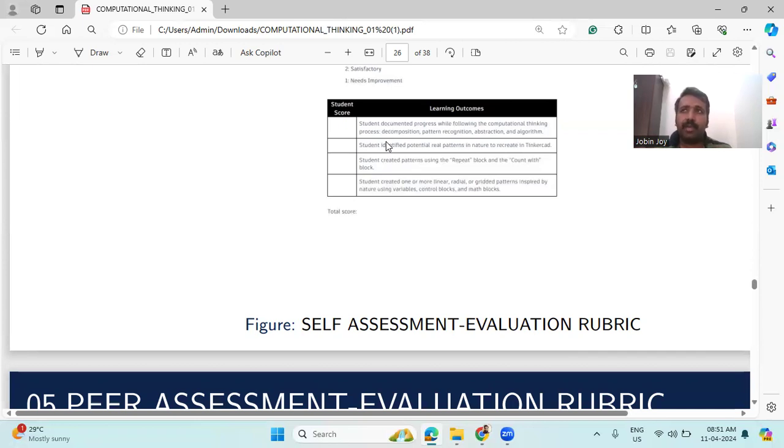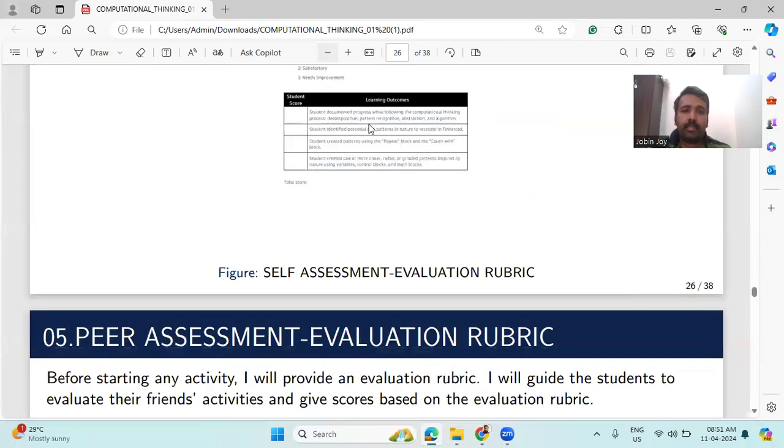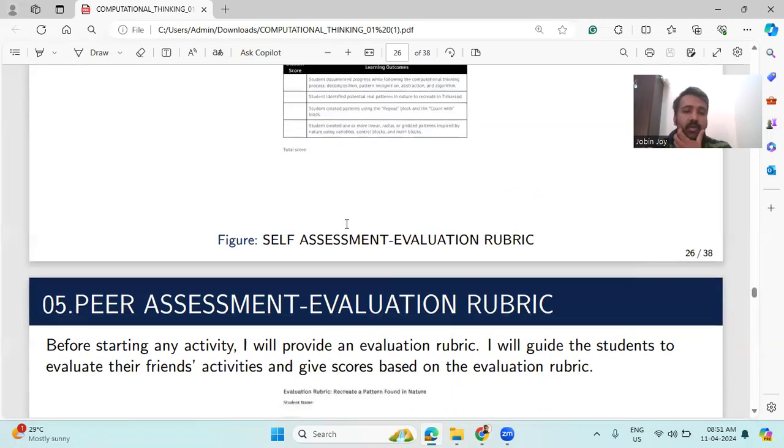There will be some conflicts, but that is not mandatory. But sometimes, because 15 students have 15 different viewpoints and perspectives, maybe some conflicts will happen. Okay, so this is what is called evaluation.